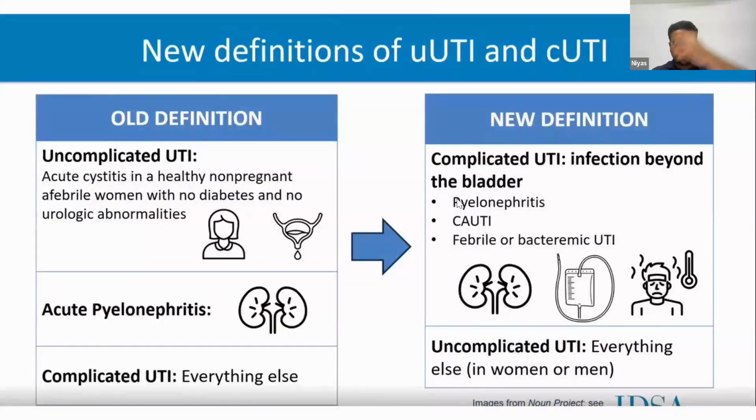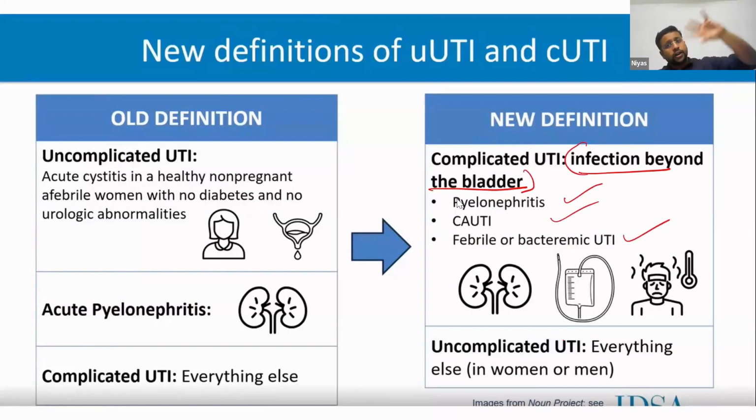And also you have to consider the definition of complicated UTI. Previously, the definition of complicated UTI was also complicated. Now it's made simple. Complicated UTI is any infection that goes beyond the bladder. So this includes patients who have pyelonephritis, CAUTI, or any febrile or bacteremic urinary tract infection.